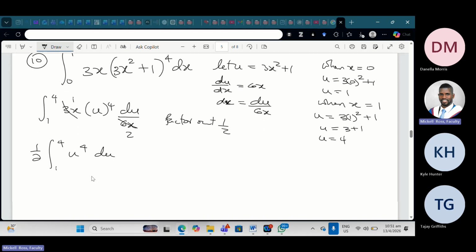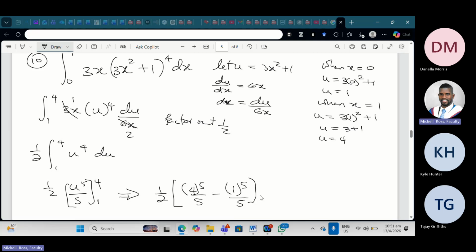Integrating, add 1 to the power, divide by the new power. So it's going to be half u to the 5th, divided by 5, from 1 to 4. So we can just work it out as is. So we're going to get 4 to the 5th power over 5 minus 1 to the 5th power over 5.